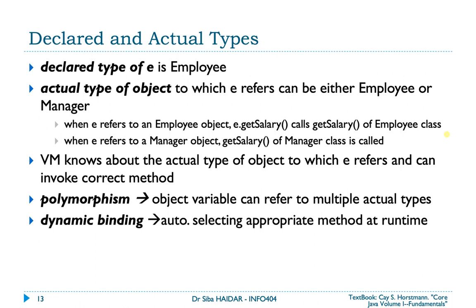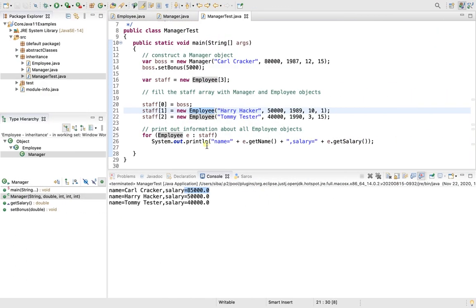So objects are constructed. Construction is at runtime. Declaration is at compile time. Here, for example, I declare a variable E, and E inside this for loop will reference one by one the 3 elements of the array.